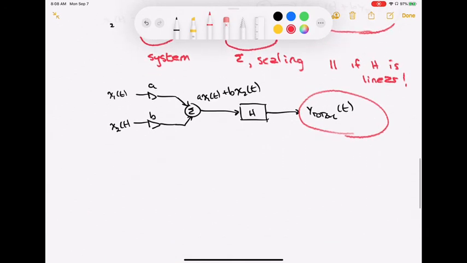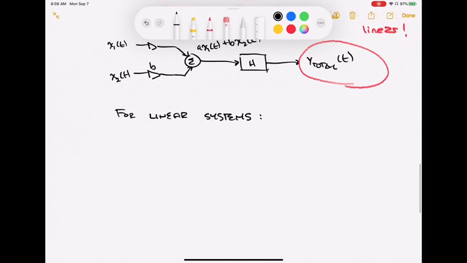For linear systems, we know a couple of things. For example, the total response of a system, the y total, can be thought of as the output of two different parts, which I'll try to explain here in a minute.